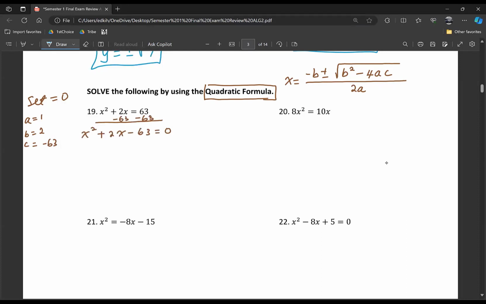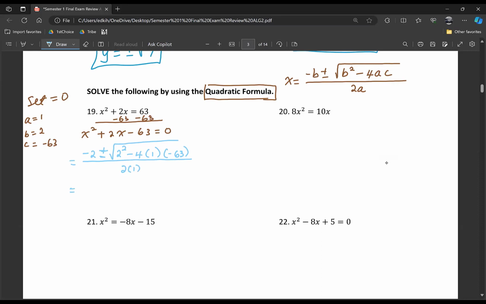I'm going to start off by doing negative b. So negative 2 plus or minus the square root of b squared, and b is 2. So 2 squared minus 4 times the a value, which is 1, and the c value, which is negative 63. All of this is going to be divided by 2 times 1.